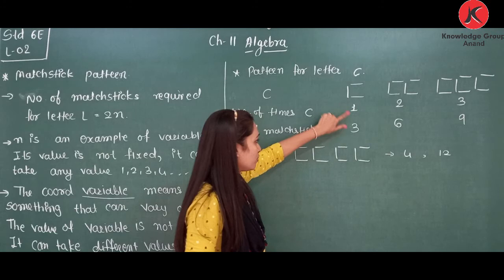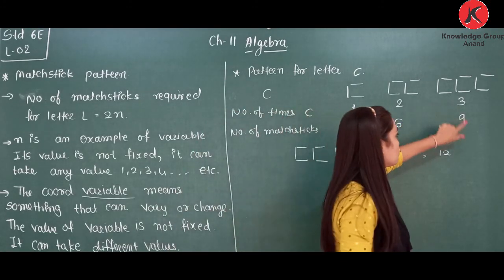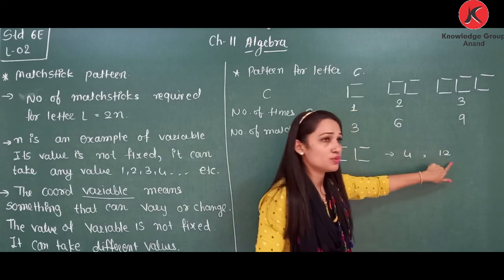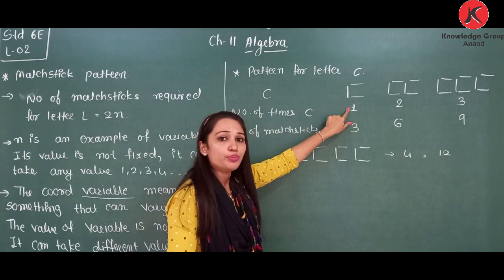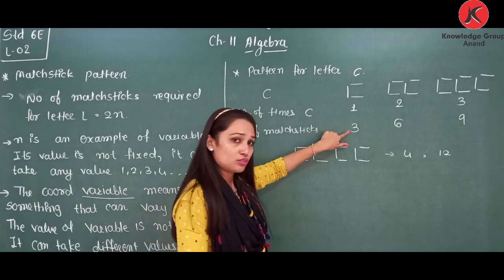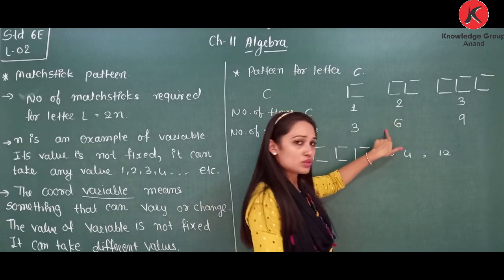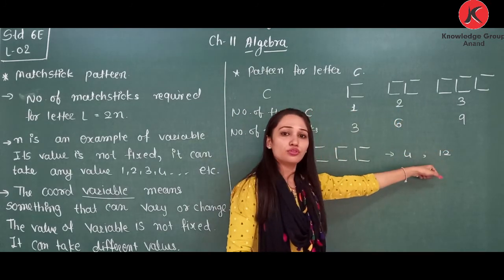So for 1 time we need 3, for 2 times we need 6, for 3 times we need 9, for 4 times we need 12. Whatever number of times C appears, we need to multiply by 3. So for 1 time, 1 3s are 3, for 2 times 2 3s are 6, for 3 times 3 3s are 9, for 4 times 4 3s are 12.